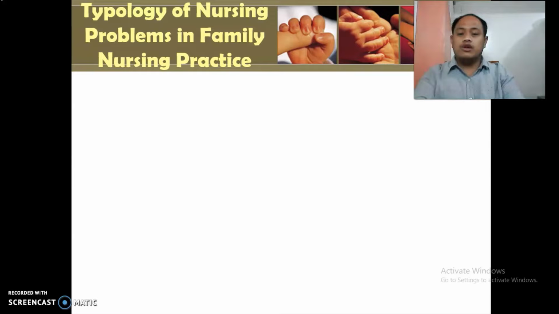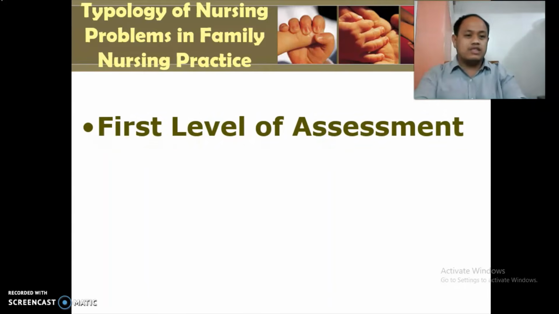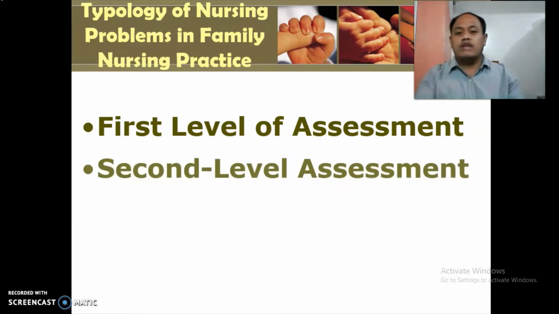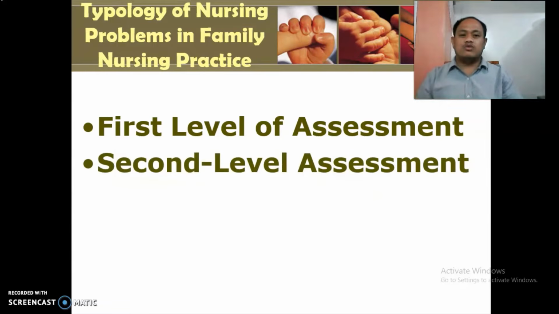So basically, there are two major typologies of nursing problems in the family nursing practice. Of course, we have the first level of assessment followed by your secondary level of assessment. These two typologies of nursing problems will now determine the nature of the problem.